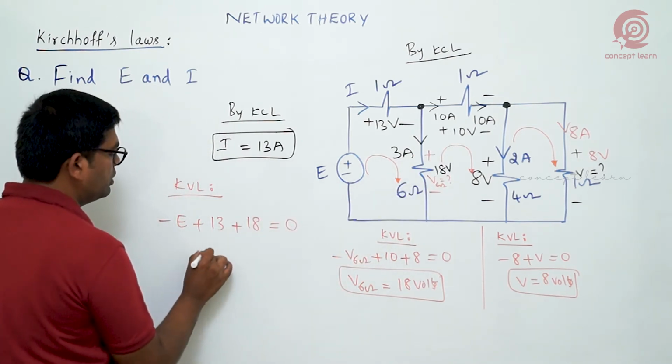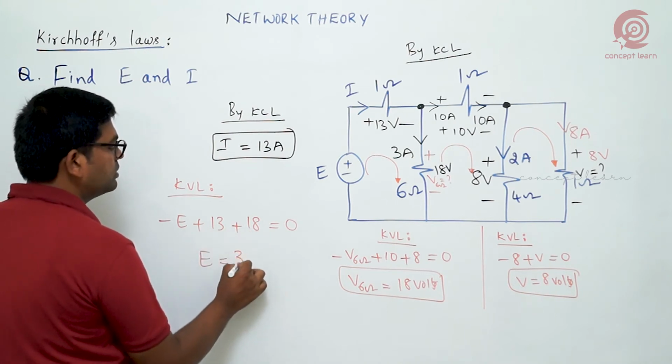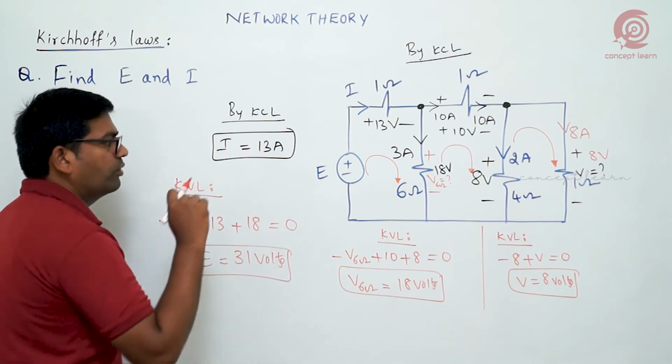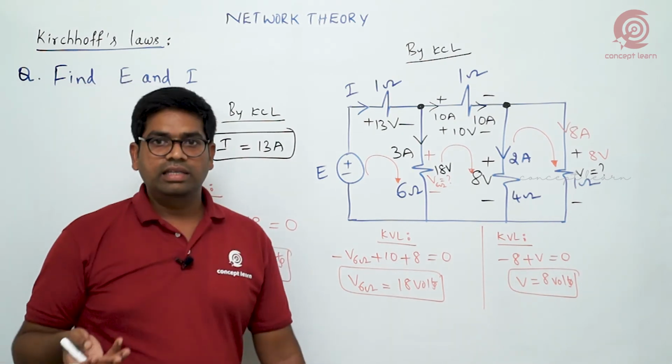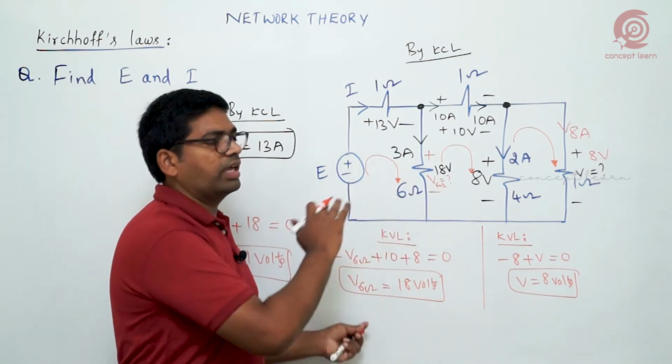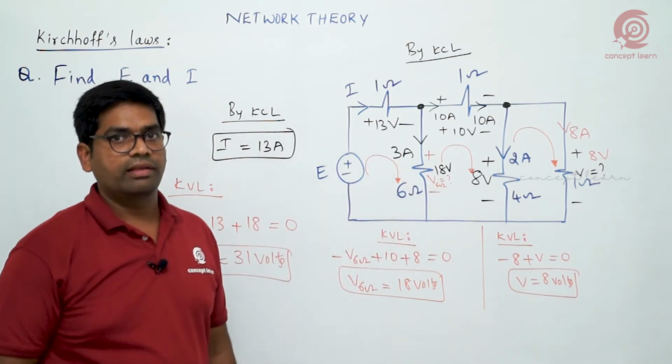So E is equal to 13 plus 18, which means 31 volts. Now we got both unknown parameters, E as well as I. Both we identified simply by writing KCL and KVL only.